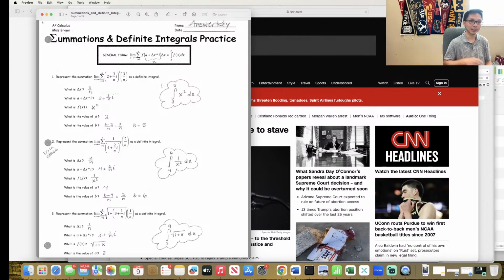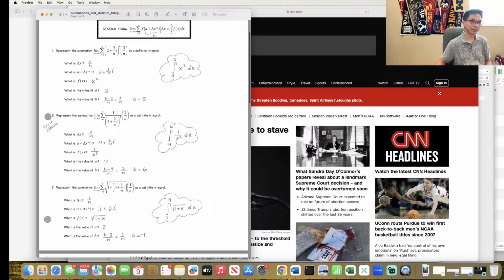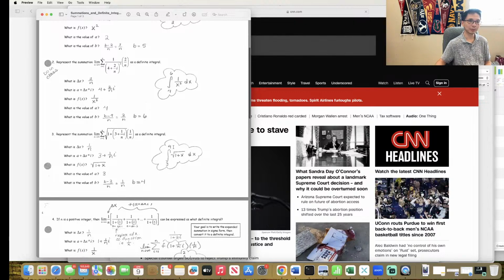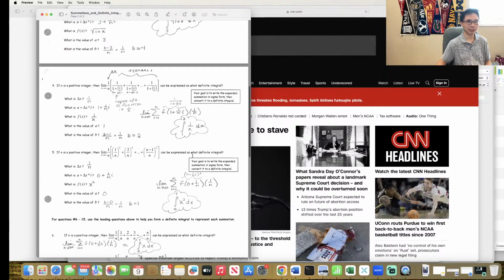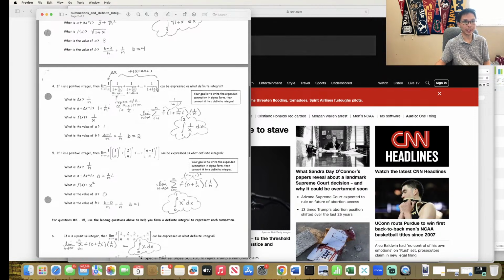But anyway, the first one is the integral from 2 to 5 of x squared dx, and of course you can evaluate this. The second one is the integral from 4 to 6 of 1 over x squared dx. The third one is the integral from 3 to 4 of the square root of 1 plus x dx. Now this one's kind of tricky. See that it's 1, 2, 3, all the way to n.